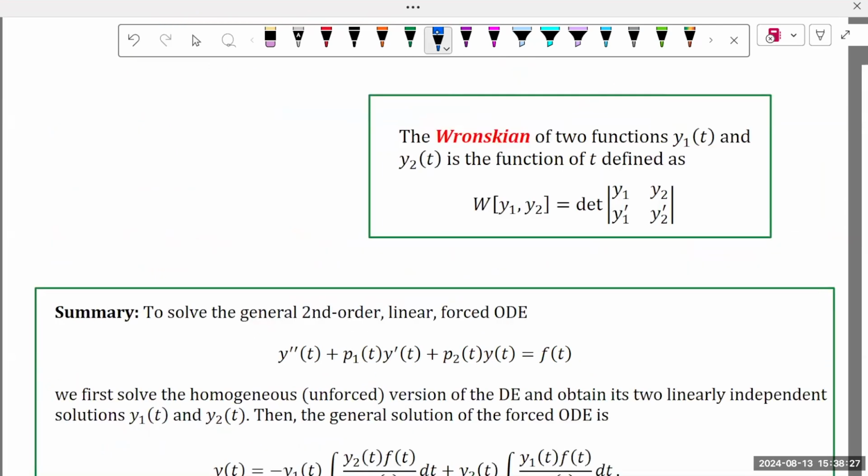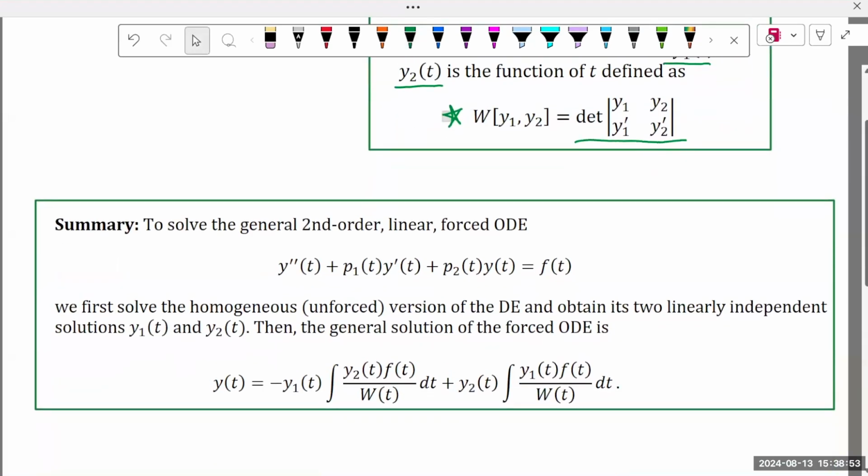Let's summarize what we just learned. Remember that the Wronskian of two functions, y1 and y2, is this function that is the determinant of the special matrix that has y1, y2 in the top row and y1 prime, y2 prime in the bottom row. The Wronskian itself is considered a function of y1, y2, and its derivatives. And now what about finding the solution to the general second order linear forced ODE of this form? Remember, putting it into normal form is crucial.